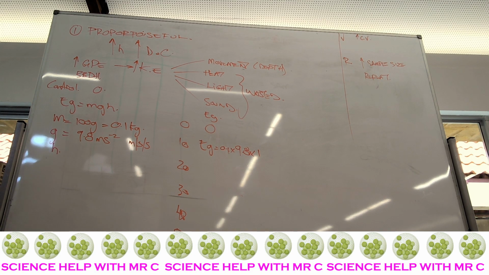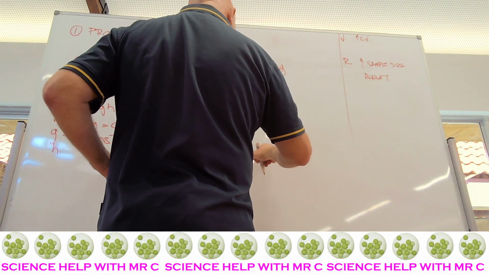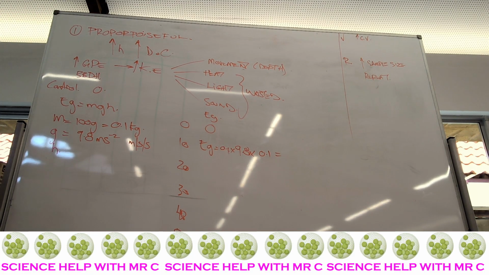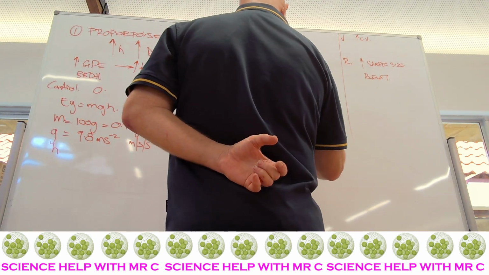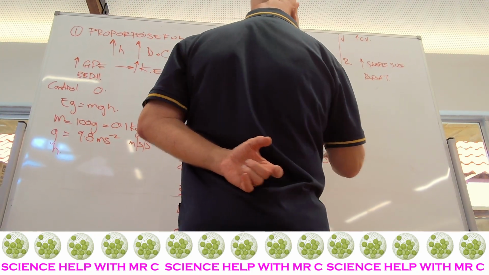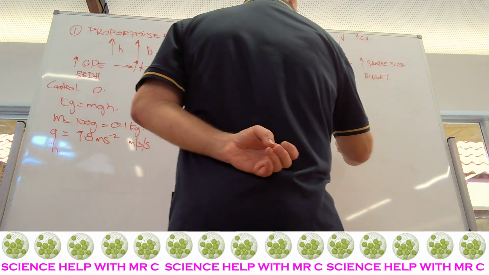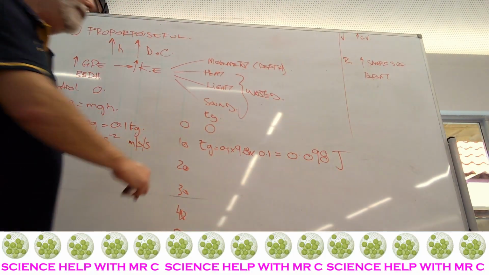So 10 would be a tenth, yes? Times 0.1 equals. Anyone got a calculator? Flo's a human calculator. 0.098. And what's the units? Joules. Capital J.